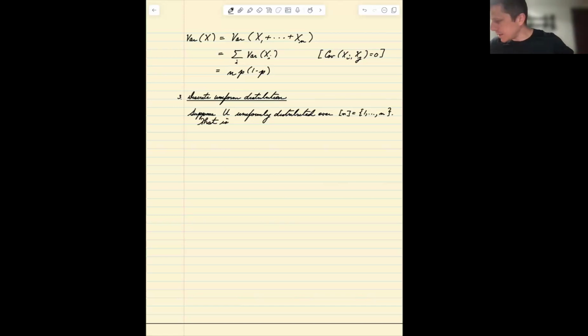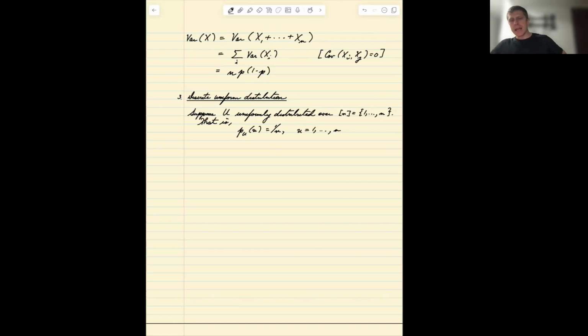What that means is the mass function for U is 1 over n for each of the possible values of U.